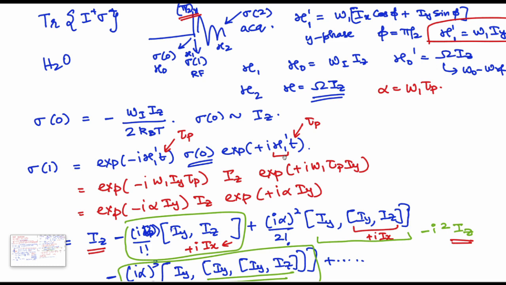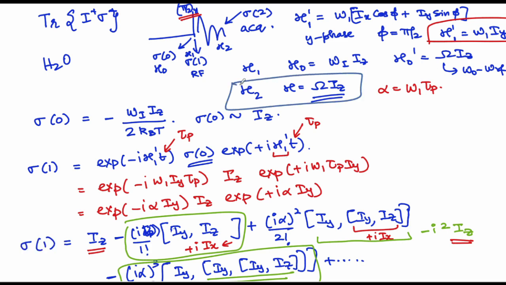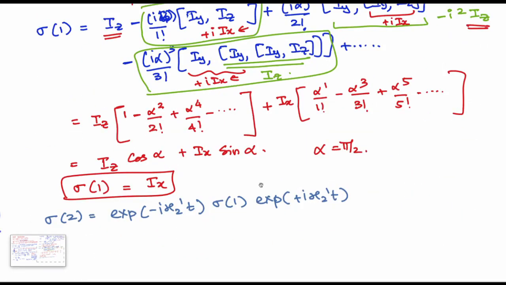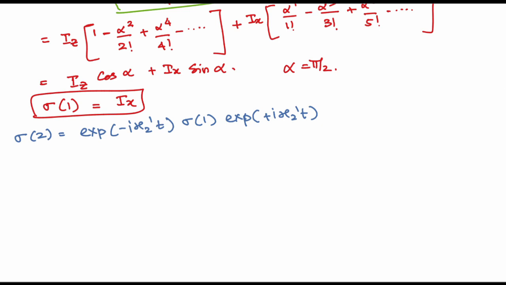H2 prime is the transformed operator during acquisition, which is going to be given by capital omega times Iz. So this is going to be equal to Exp minus i omega T times Iz, sigma 1 is Ix, Exp plus i capital omega T Iz.